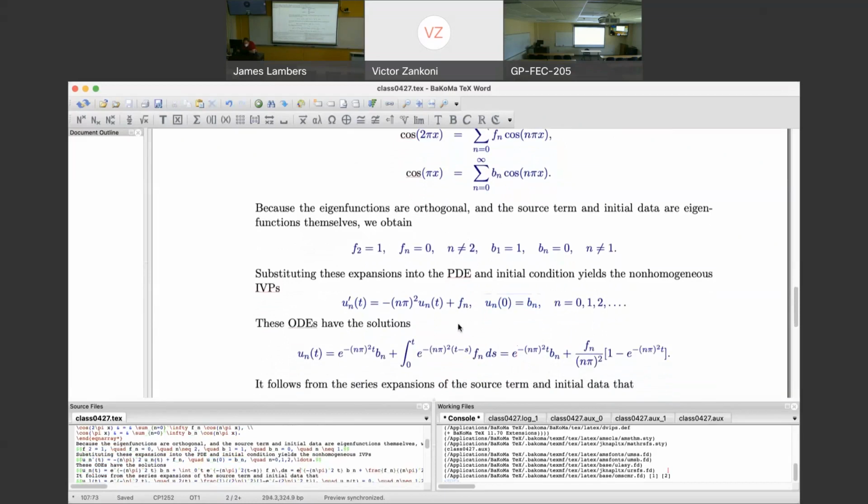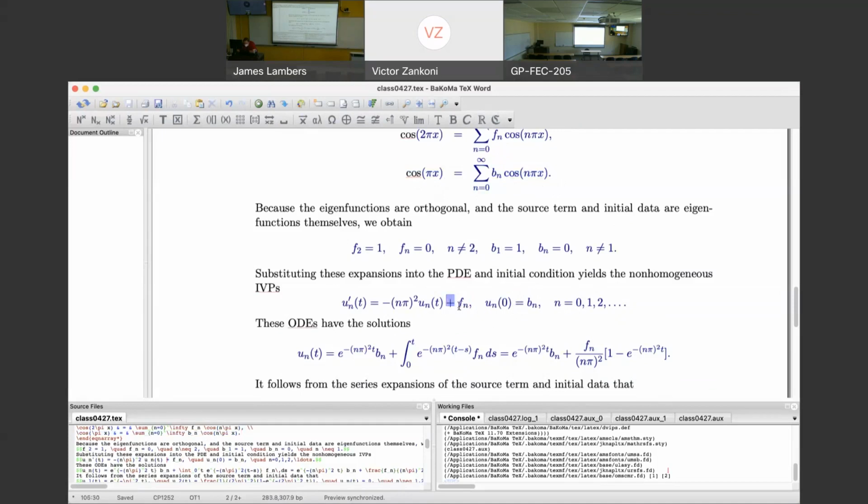Now, all of these ODEs have the same form, that you have Un prime is minus this positive constant. In general, it's going to be n pi over L squared times Un plus a coefficient from your source term. The initial data for each ODE comes from the coefficients of this expansion of your initial condition from your PDE.